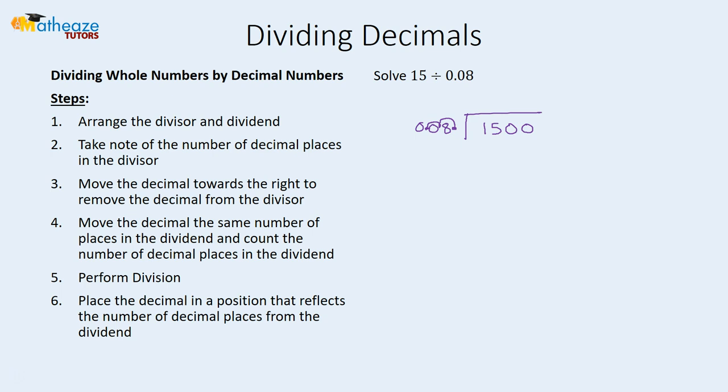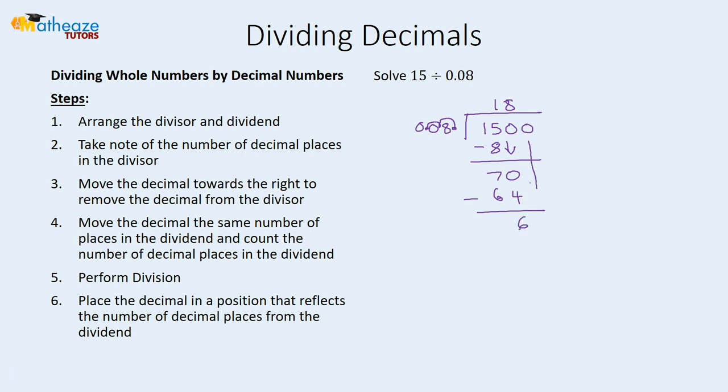So 15 divided by 8 is 1. 1 times 8 is 8. We subtract, 7, bring down this 0 over here. 70 divided by 8, that should give us 8. 8 times 8, 64. So we now have 6.